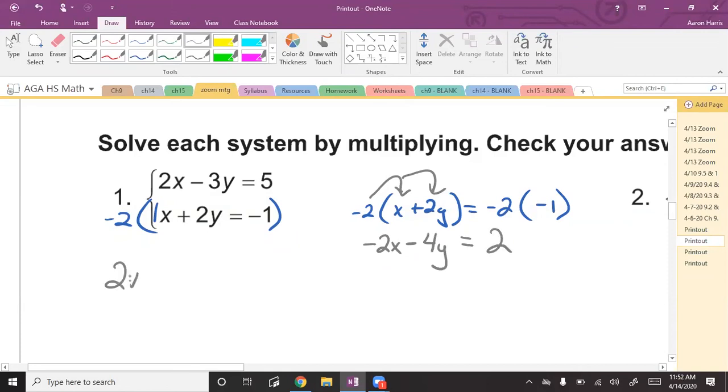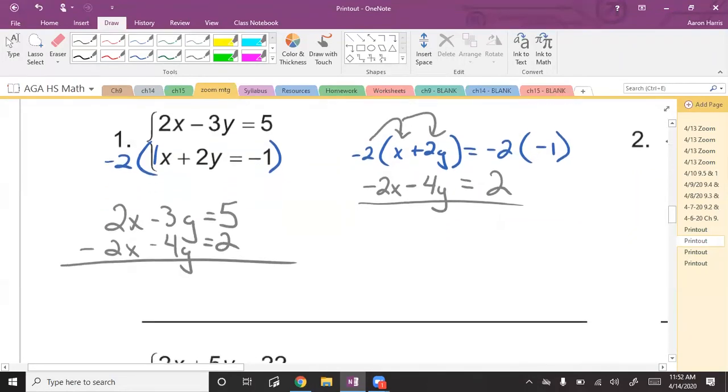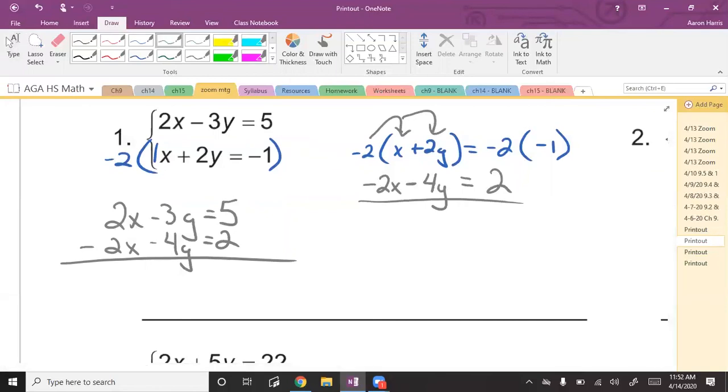I'm going to rewrite the first equation. Nothing happened to it. I changed the second equation to this. So let's put that underneath. All right. So you tell me, am I going to add these equations together or subtract them?